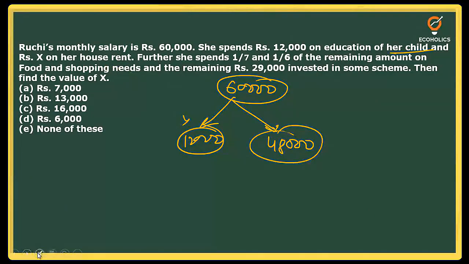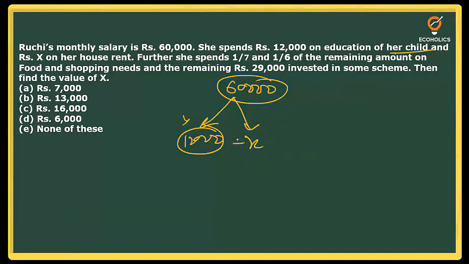Okay. And out of this 48,000, how much is left? Okay, do one thing. Out of this, total amount is spent.